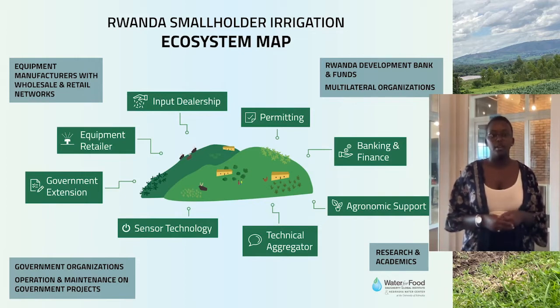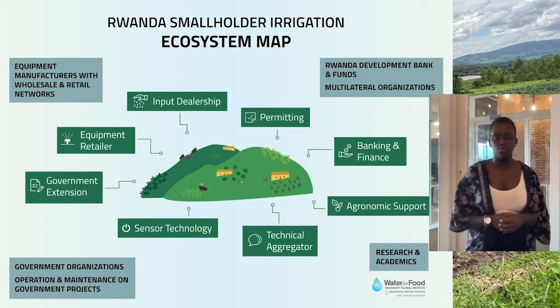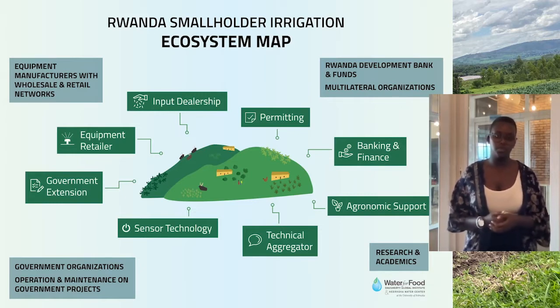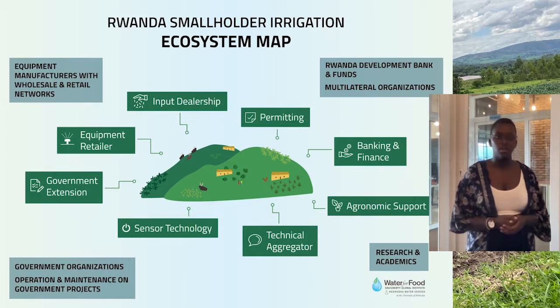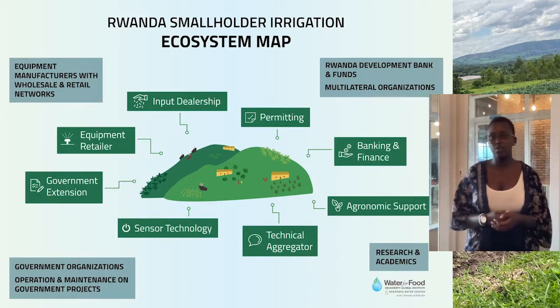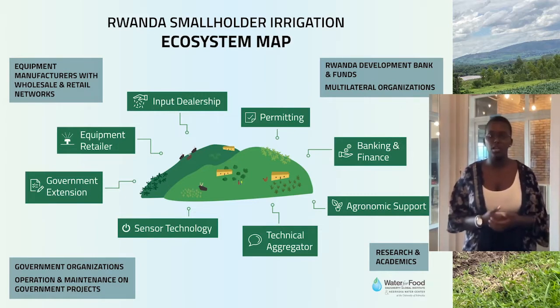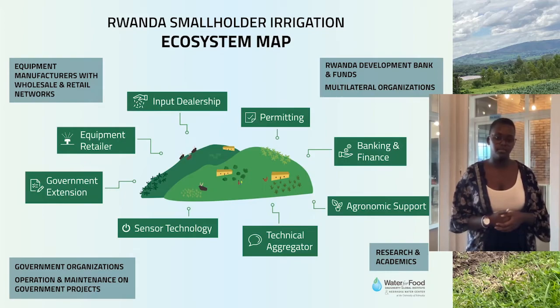The map can also be used by organizations who want to support entrepreneurship and access to irrigation to learn who is involved, where current efforts are focused, and where there are gaps or opportunities for services and investment. The overarching objective is to strengthen the irrigation entrepreneurship ecosystem, which creates opportunities for innovative solutions to scale up irrigated agriculture.